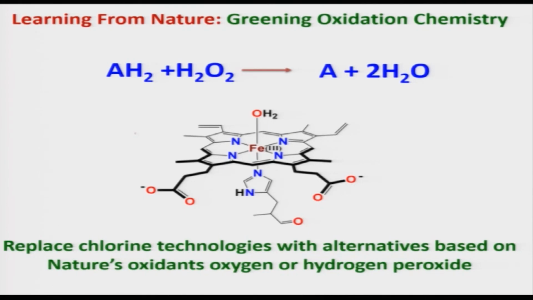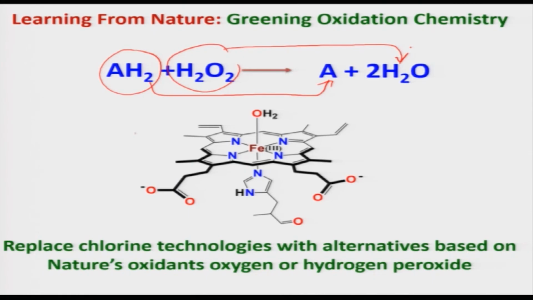For example, as we have seen in peroxidase, the substrate is getting oxidized and hydrogen peroxide is converted to water, and this is what happens in the resting state of the enzyme. This reaction can indeed replace chlorine technologies with alternatives based on nature's oxidants, oxygen or hydrogen peroxide.